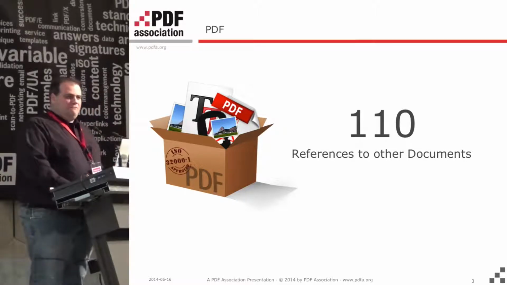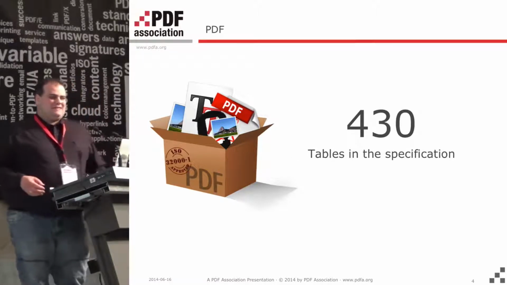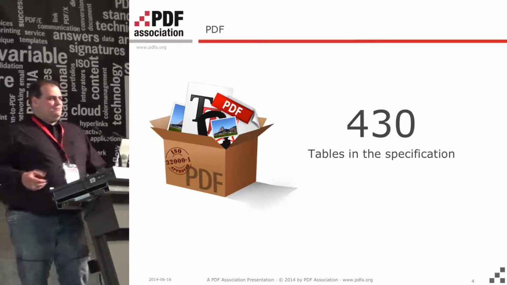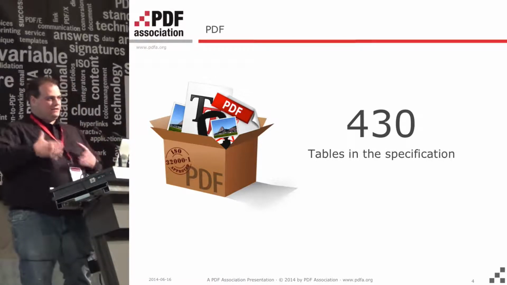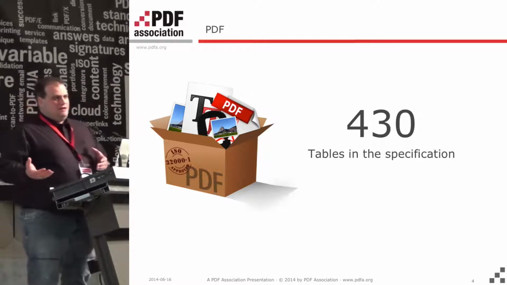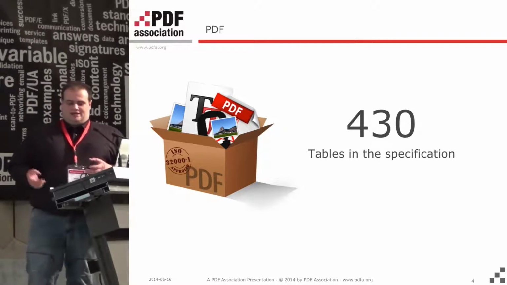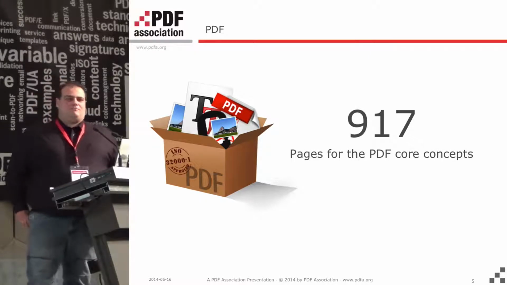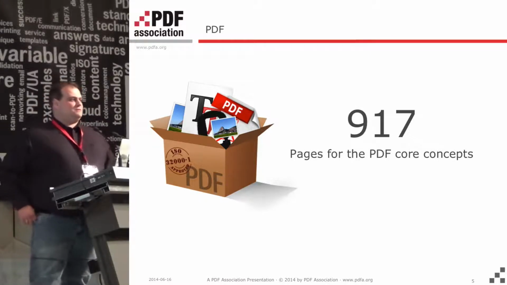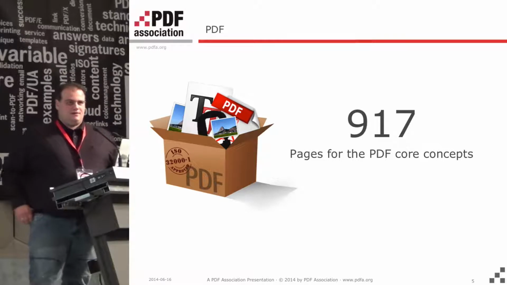We have 430 tables in the specification. If you think about that, there should be someone that actually fills those tables. And there are a lot of such tables on those 917 A4 pages of the PDF specification itself.